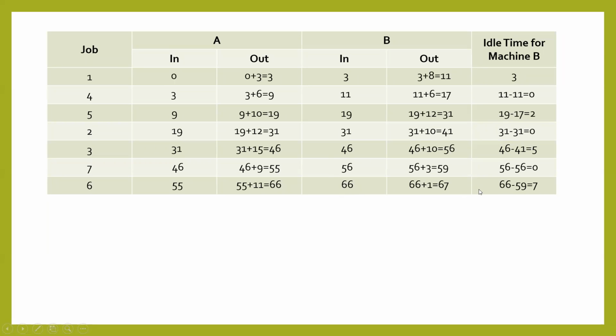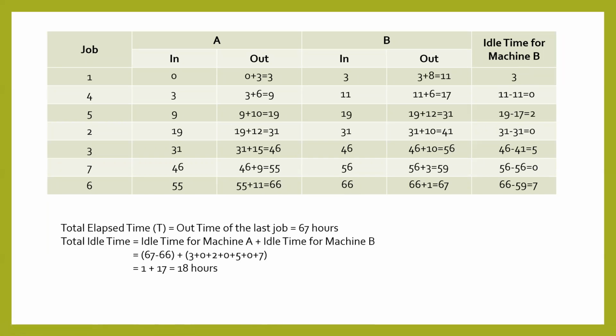Okay. So when we do the calculations, let us see the calculations. So the total elapsed time will be the last value here, the last job which got completed on the last machine, that is 67 hours. Okay. And the total idle time will be equal to idle time for machine A plus idle time for machine B. Now, idle time for machine A will be this value minus this value.